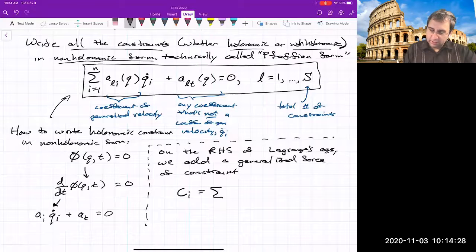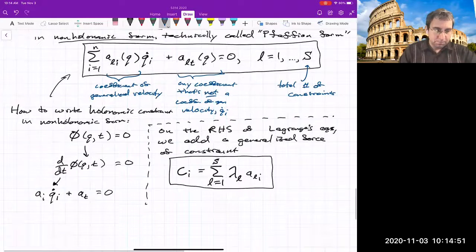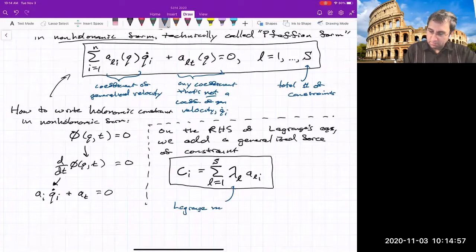And it will look like a sum over the number of constraints, so l goes from 1 to S. We introduce these things called lambda_l times a_li. These lambda_l's are new things we solve for called Lagrange multipliers. So these are new variables that we solve for.